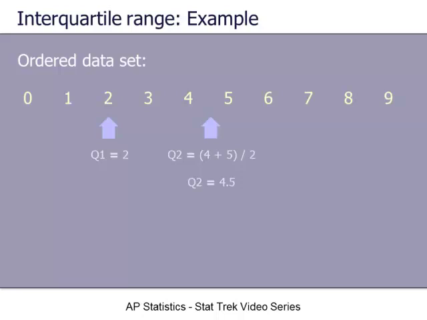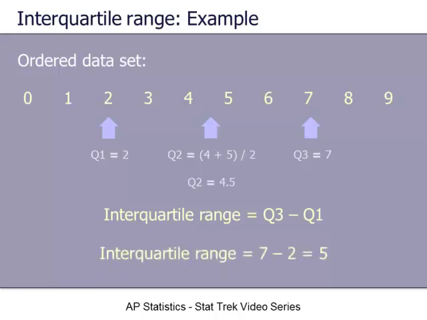So Q3 is the median of 5, 6, 7, 8, and 9, which equals 7. Now that we've defined Q3 and Q1, we can compute the interquartile range as Q3 minus Q1. In this example, the interquartile range is equal to 7 minus 2, or 5.